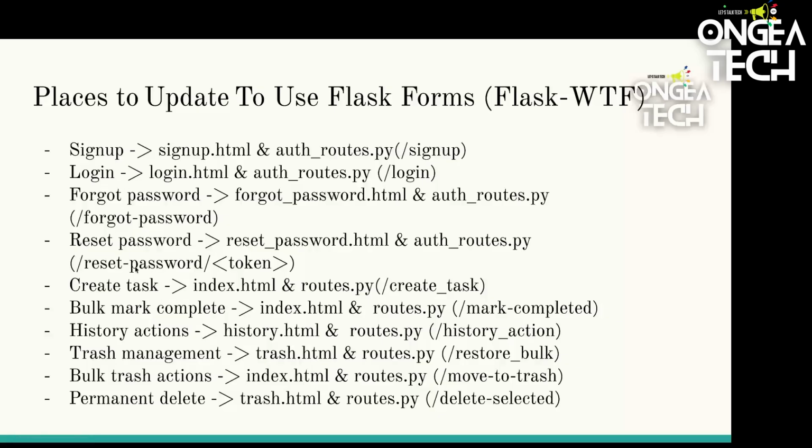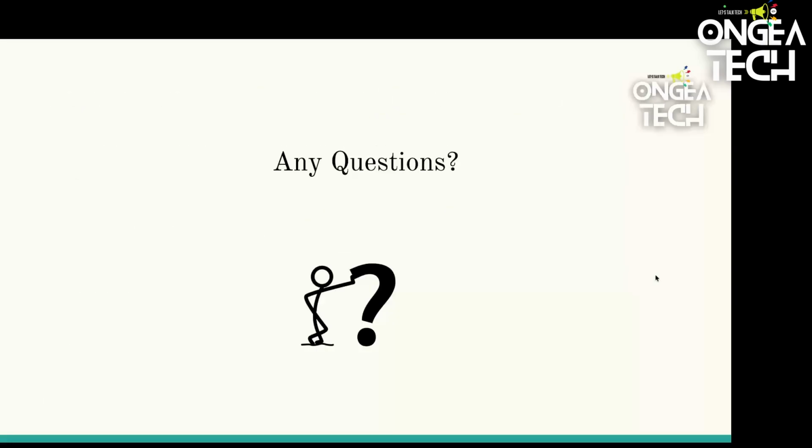So these are the places that we're going to need to change, and we'll use this as practice to get used to working with Flask Forms, Flask-WTF. So if you have any questions about this, please leave it in the comments. I'll do my best to respond to each and every one of your questions. Otherwise, we are going to go to the implementation.